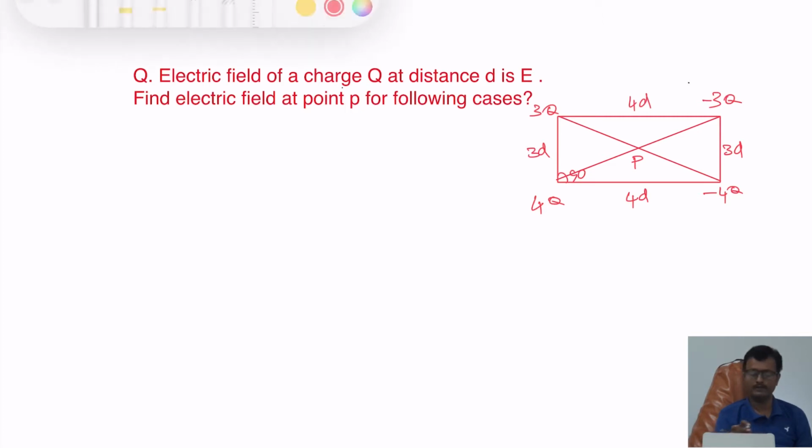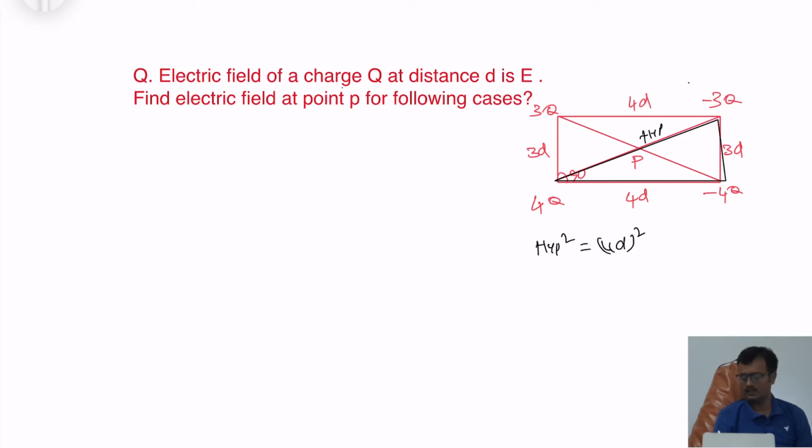So point P is at the same distance from all four charges. We want to calculate half of the diagonal. Before that, what is the length of this diagonal? This is a right angle triangle and this is the hypotenuse. So hypotenuse square is equal to side square plus side square: 4D whole square, that is 16D square, plus 3D whole square, that is 9D square. 16 plus 9 is 25D square, and 25 is 5 square, so the squares cancel, and the hypotenuse is 5D.